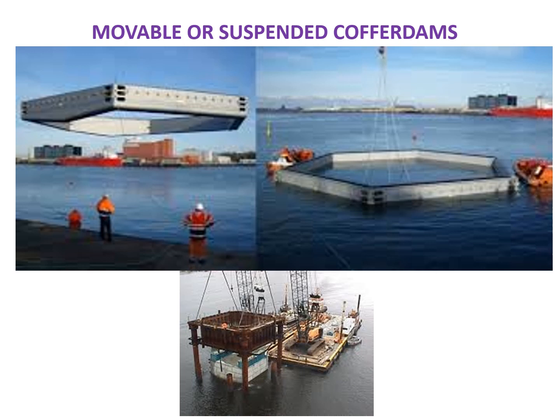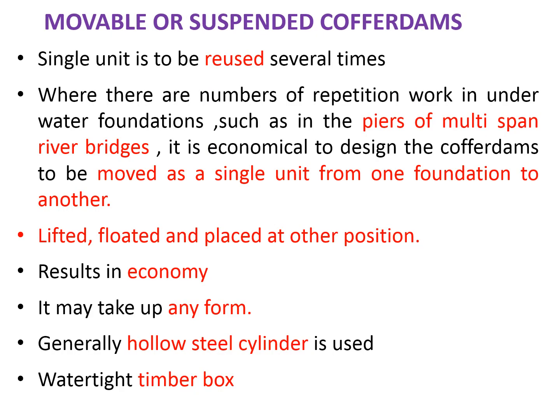So next is movable or suspended. As the name suggests, from one place to another you can easily move it. Generally a concrete type of cofferdam can also work as a movable cofferdam. It is a single unit to be reused several times, where a number of repetition works are required, such as the piers of multi-span bridges.